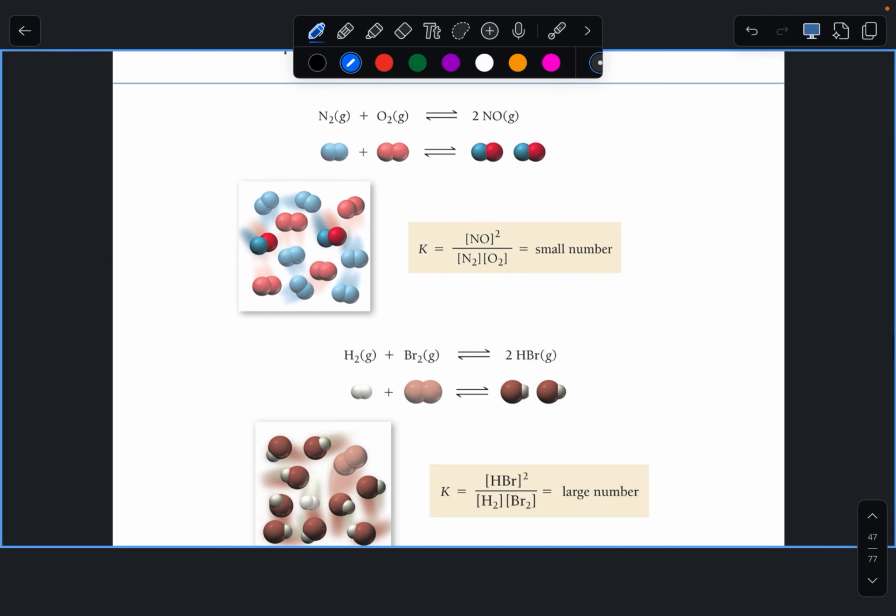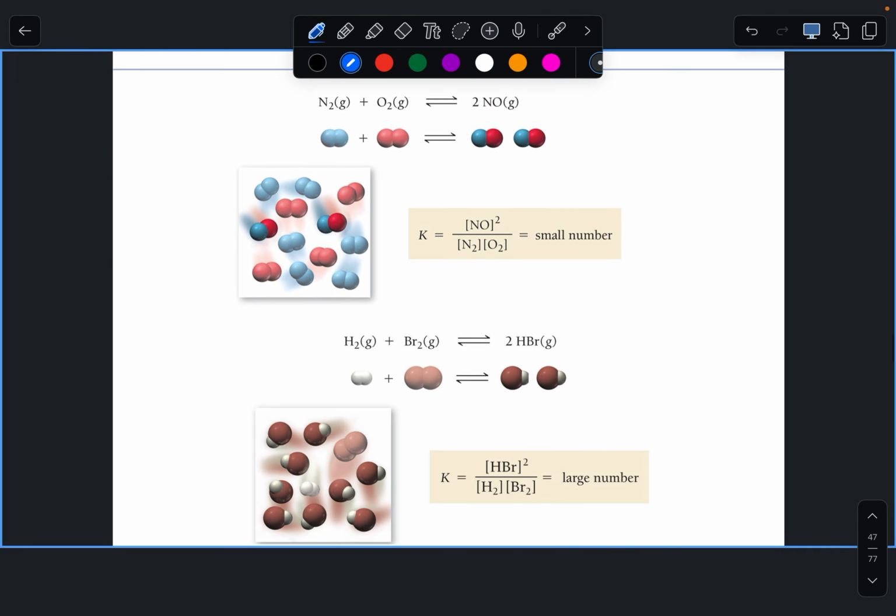All right, so we've said this already, but just to emphasize the point, if you have a lot of product, so in this example they're giving us a picture. Oh, sorry, this is a small one. So in this picture, there's not a lot of product, right? There's 2 molecules of product, and 6 of the N2 and 4 of the O2.